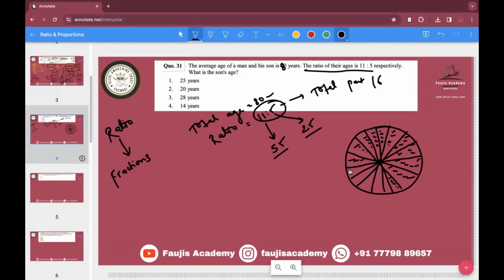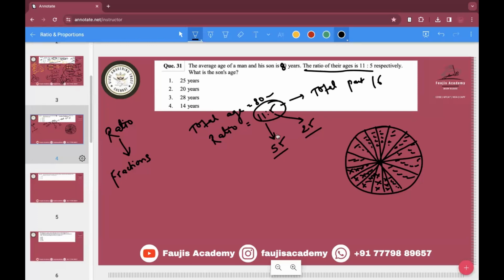These 11 parts are for his father. These dotted parts are for his father, right? So 11 parts are for the father and the 5 parts are for the son.